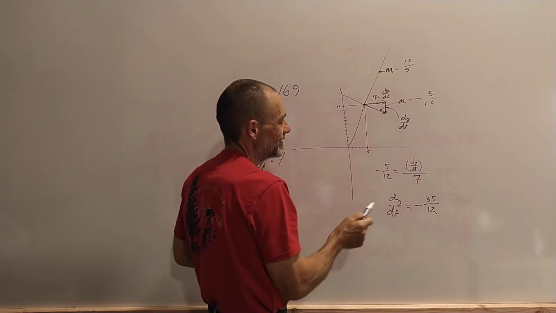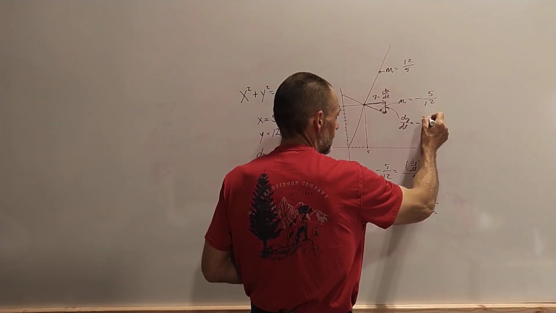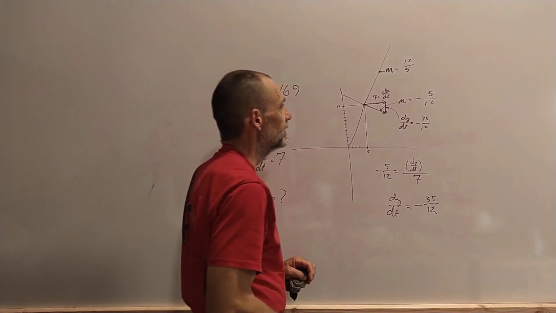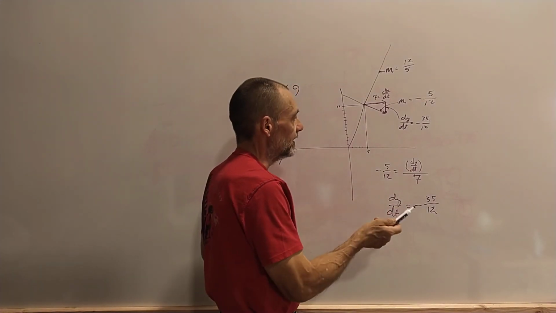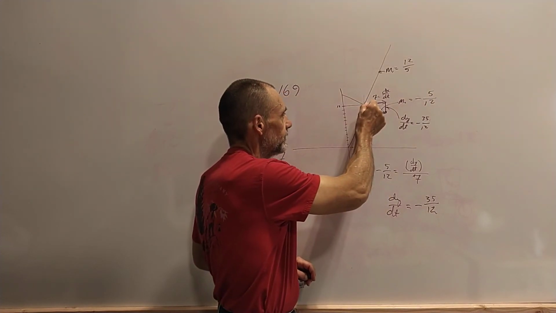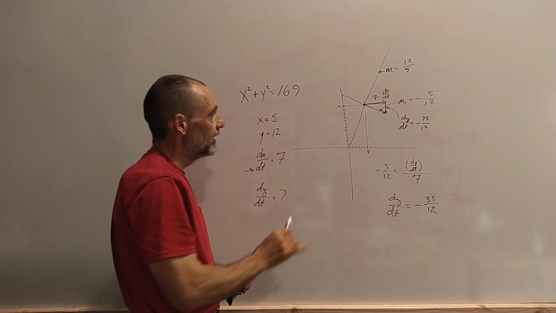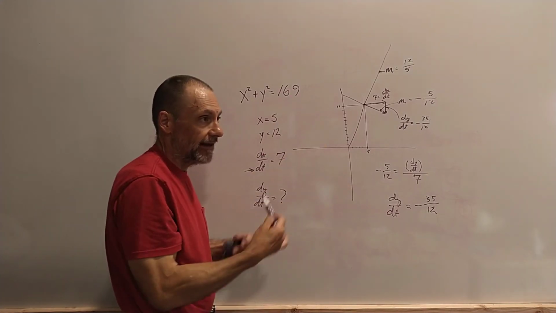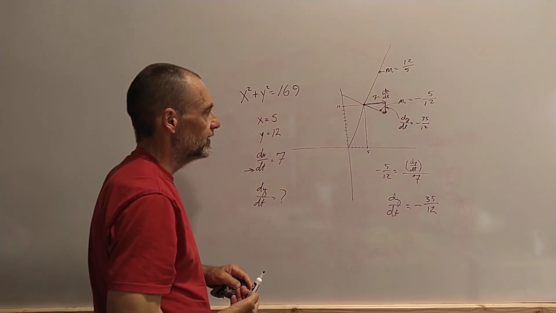So these dx/dt and dy/dt's have a meaning when you think of this as representing a circular path and a particle traveling on that path, and now time actually has some sort of an interpretation.